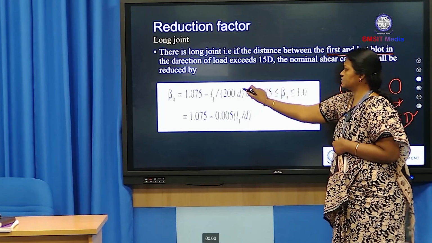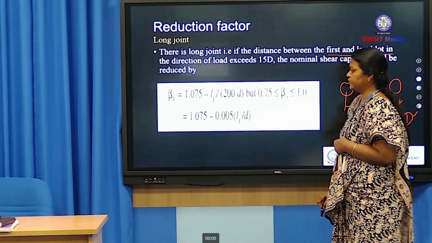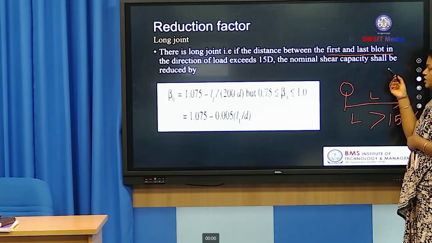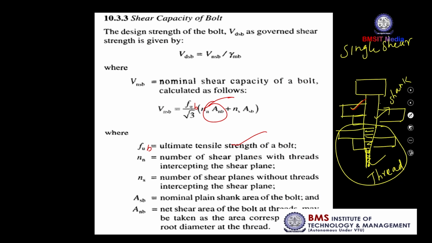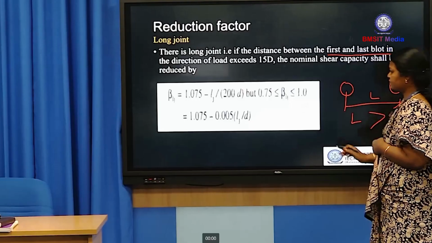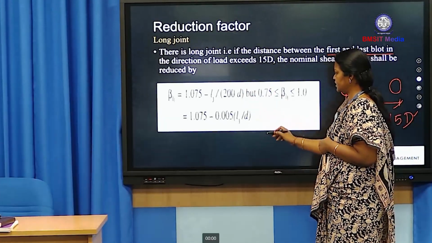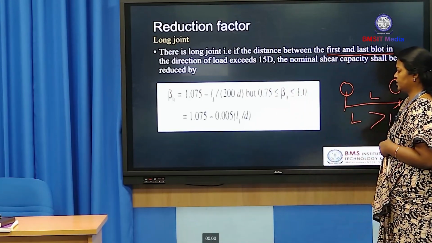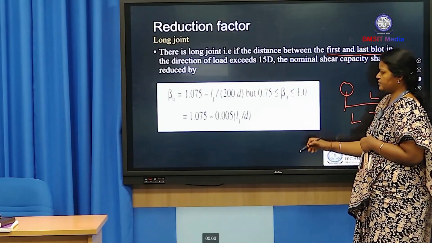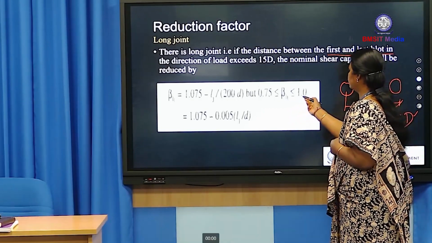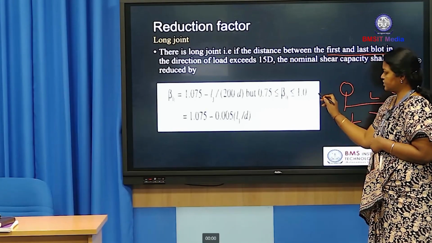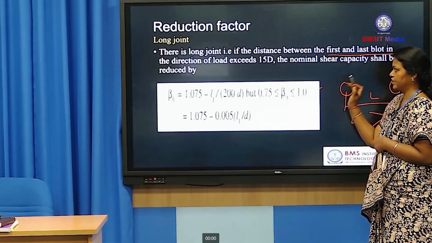We use this to find the reduction factor, and we have to multiply it additionally in this formula. For example, if it is 0.65 we take 0.65, but if beta Lj is 1.2 we consider only 1. This is the maximum value.